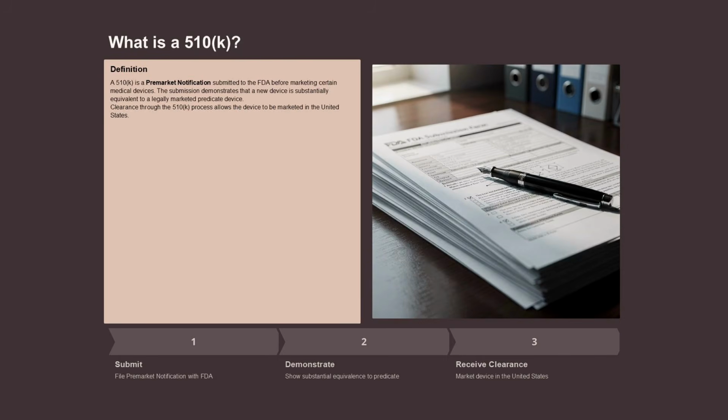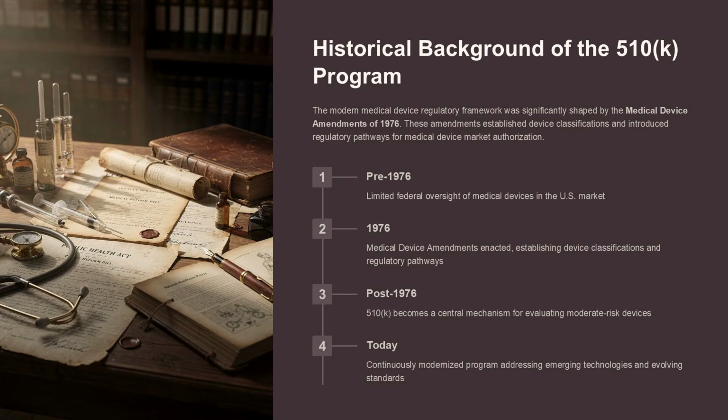A 510(k) is a pre-market notification to the FDA, demonstrating that a new device is substantially equivalent to one already on the market. The 510(k) program has evolved since the 1976 Medical Device Amendments, providing a mechanism for evaluating moderate-risk devices.